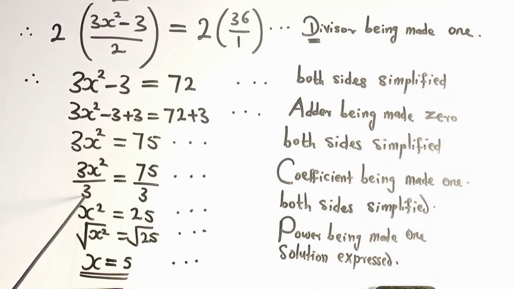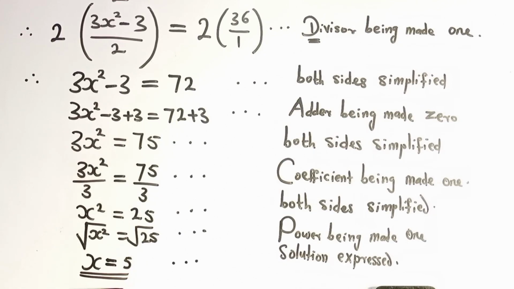Now, when 3 divides 3, we are left with 1. 1 times x to the power 2 is x to the power 2. When this 3 divides 75, we are left with 25. Therefore, simplifying this left-hand side will give us this x to the power 2. And simplifying this right-hand side will give us 25.